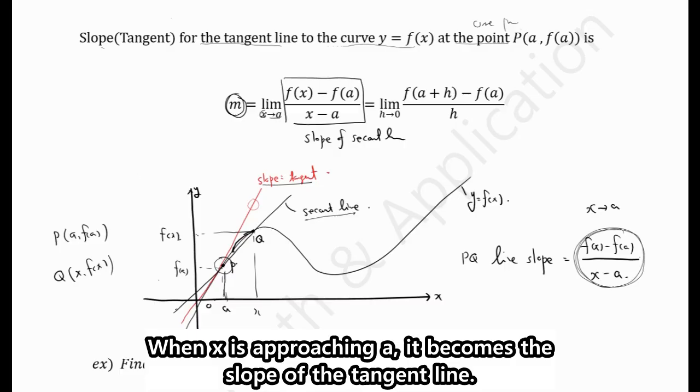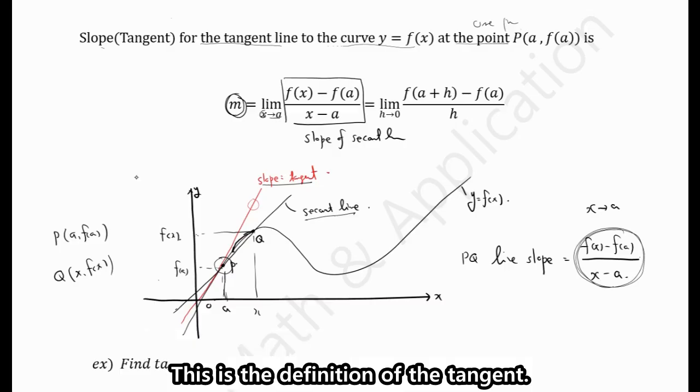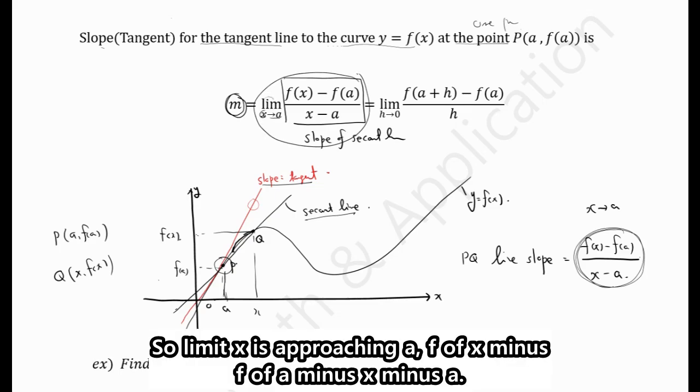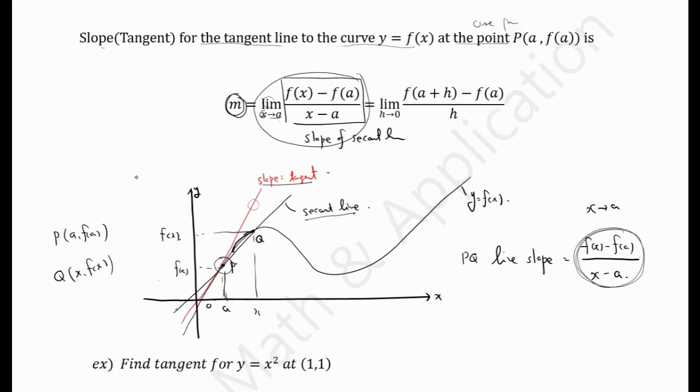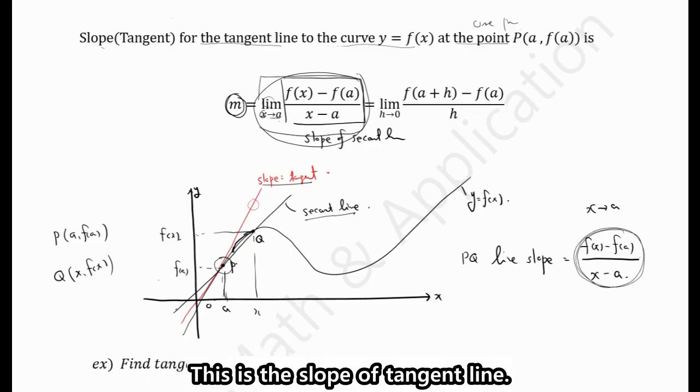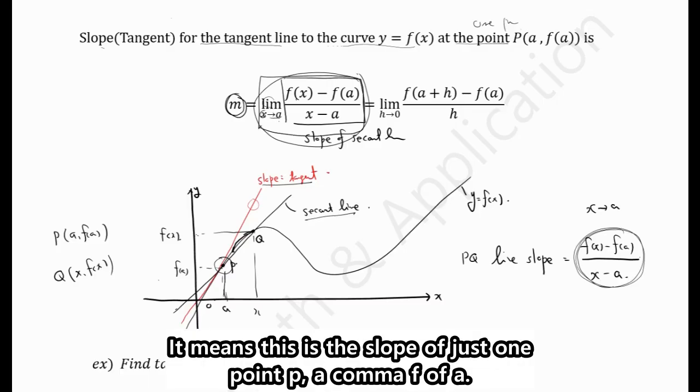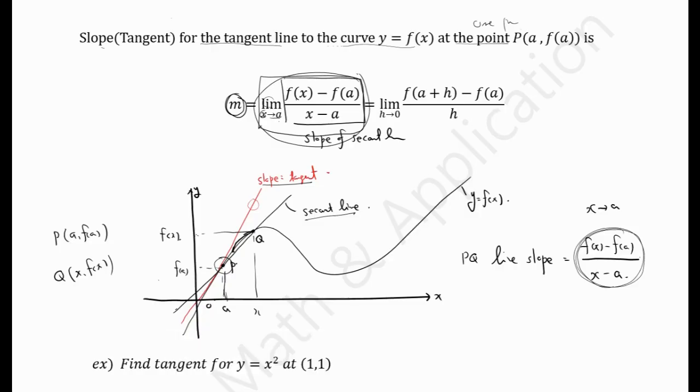So this is the definition of the tangent: limit as x approaches a of (f(x) minus f(a)) over (x minus a). This is the slope of the tangential line at just 1 point P, (a, f(a)).